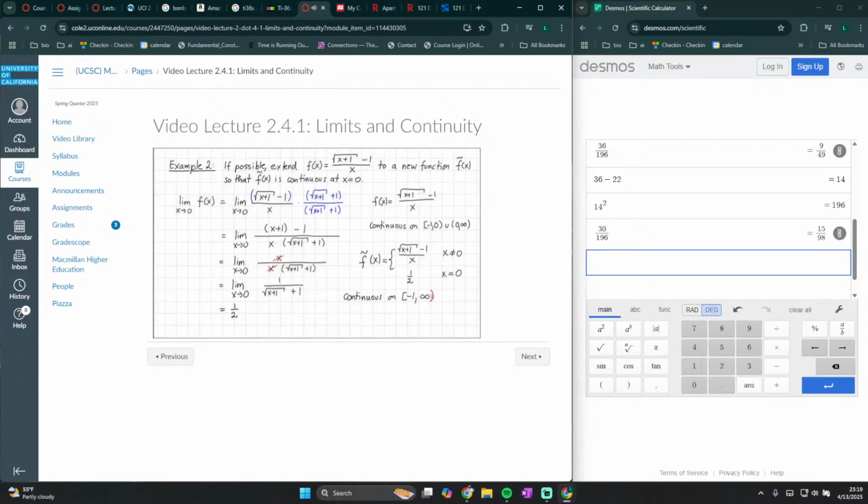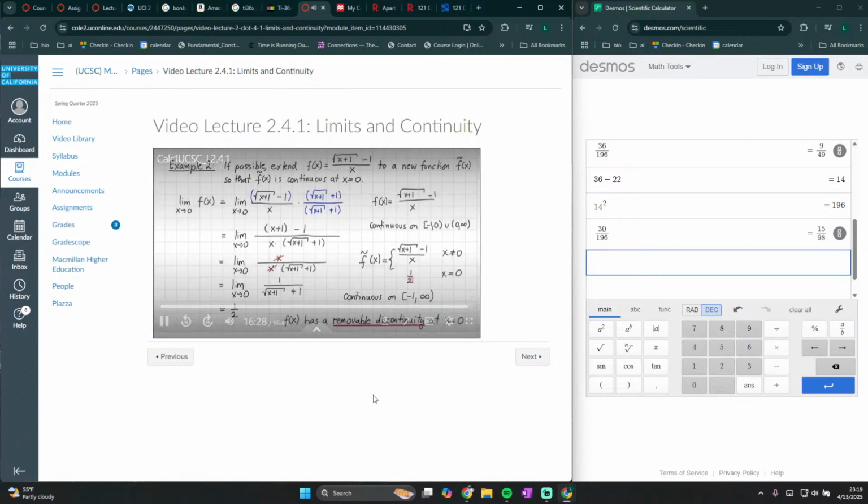And this ability to extend f to a continuous function f twiddle can be described by saying that f of x has a removable discontinuity at x equal to 0.